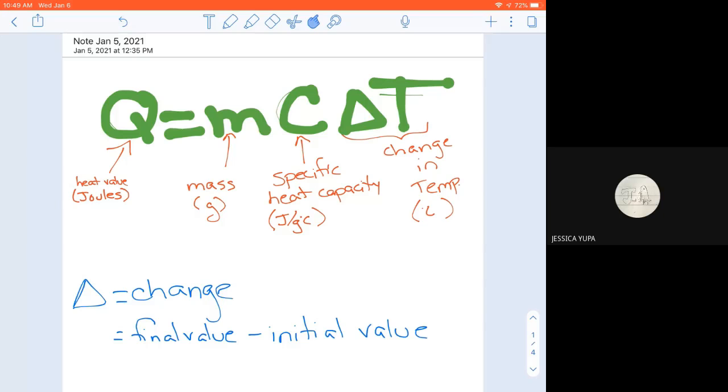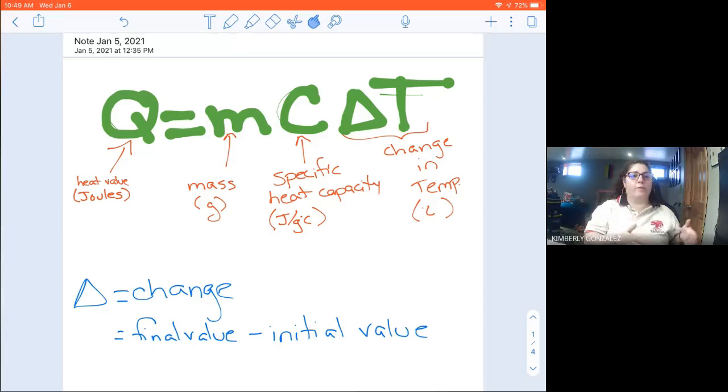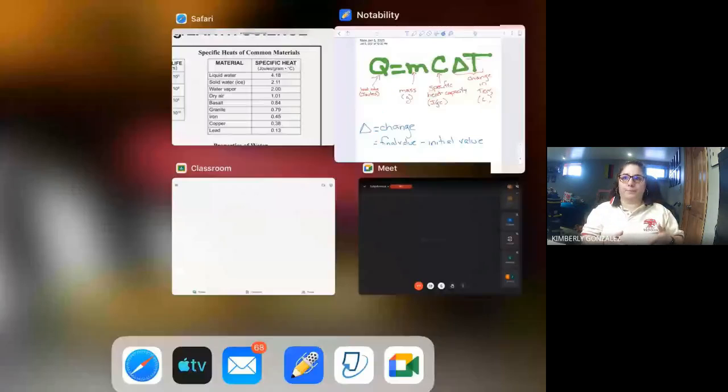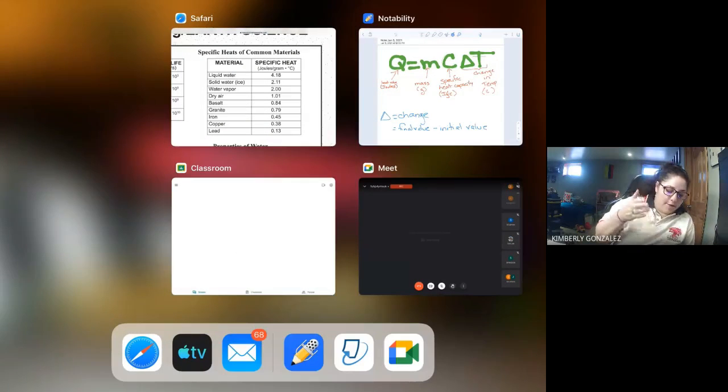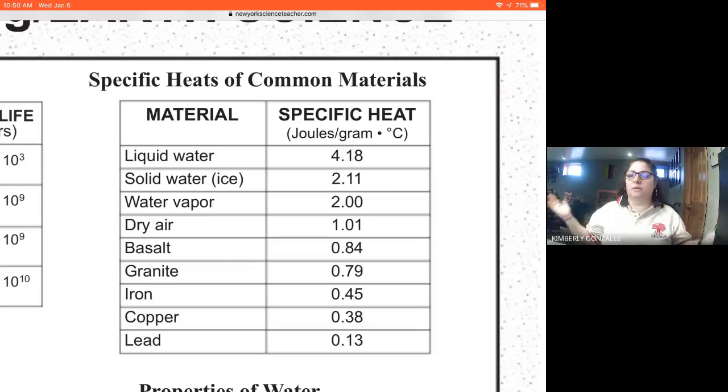Okay, so going back to our reference table on page 1. The specific heat values that are here are listed from liquid water at 4.18 joules per gram degree Celsius all the way down to lead at 0.13 joules per gram degree Celsius. Okay? Big difference in numbers. Very large difference, right?